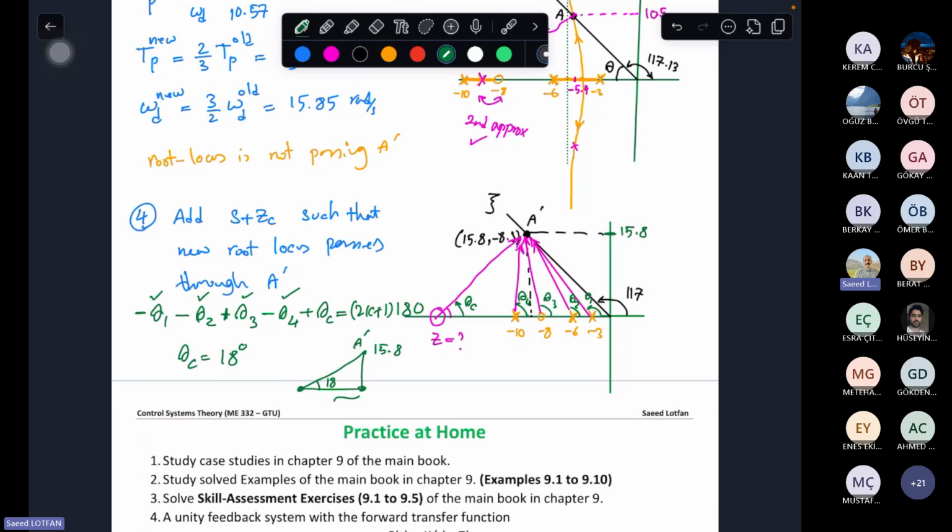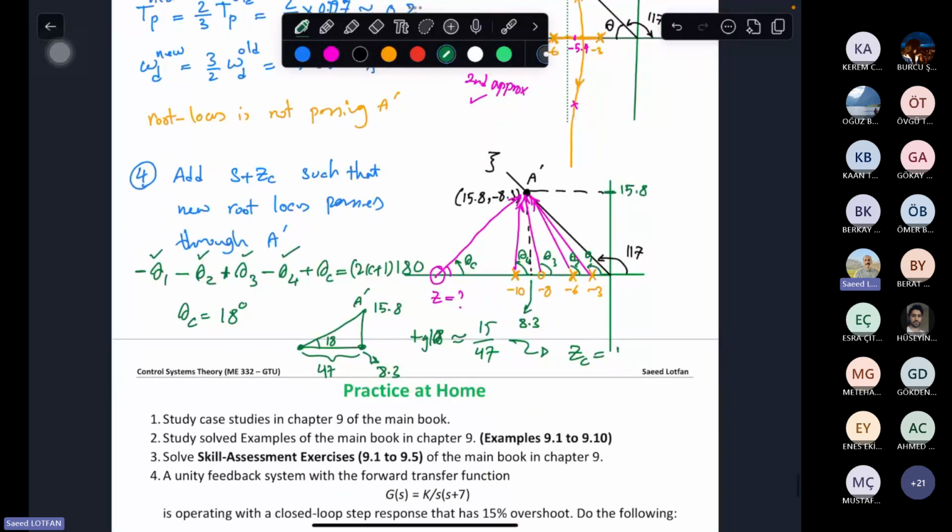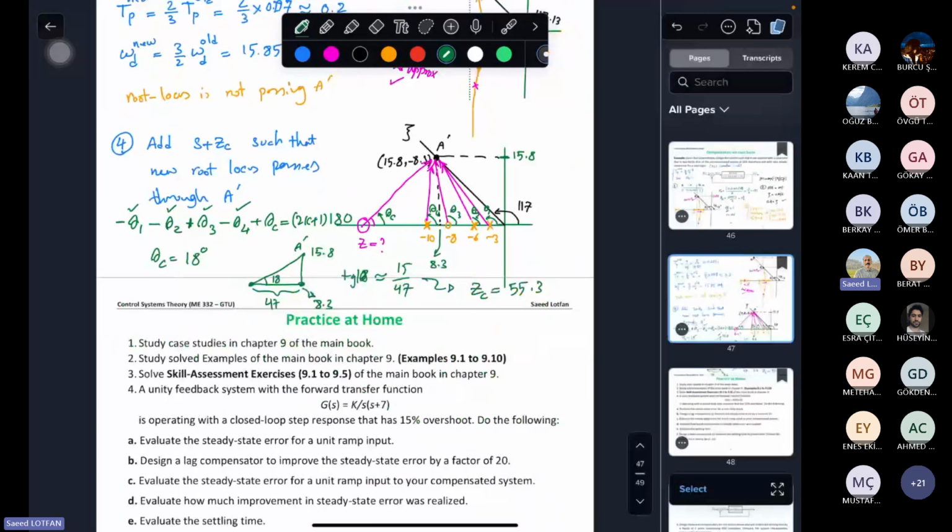Here is 80 degrees. So this point becomes about 47, when tangent of 80 is about 50 over 47. So this means that ZC should, because this is 8.3 from A prime, be 50.3. Let me add another page again.